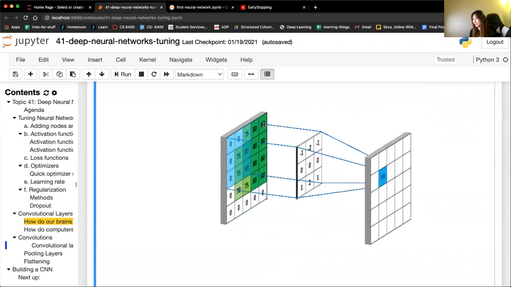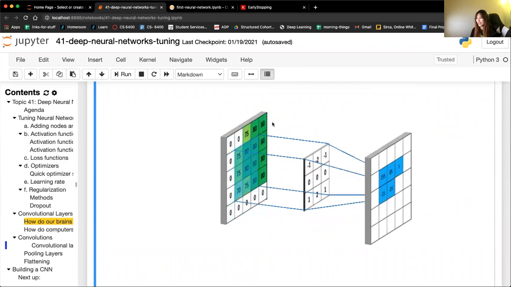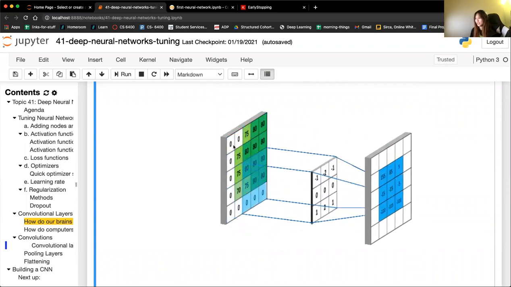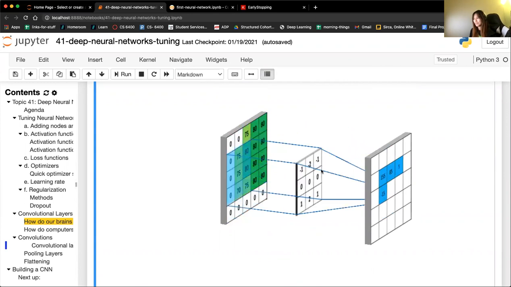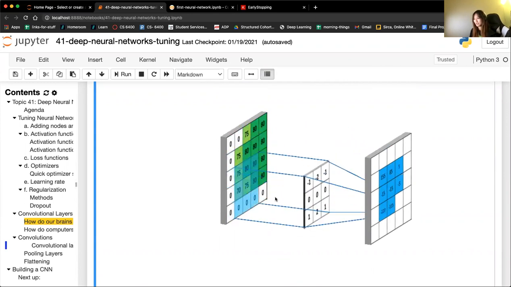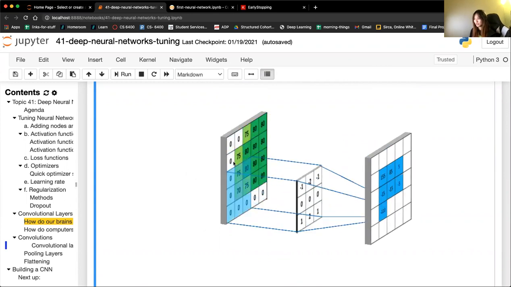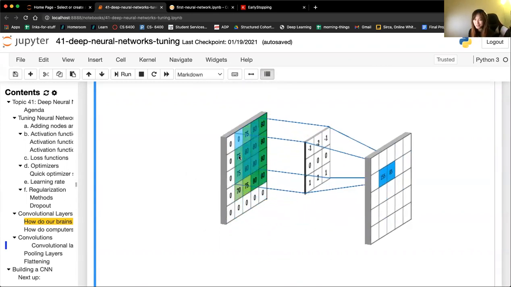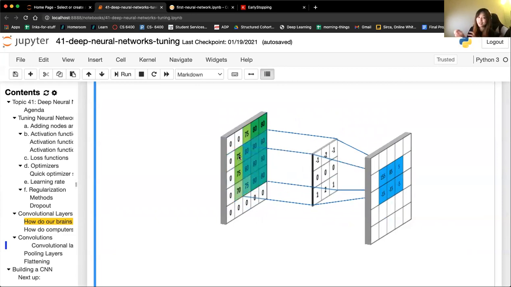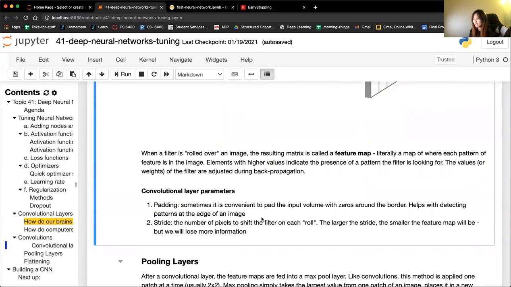Imagine I have this filter here; having a padding of zeros around the border will allow the middle of this filter to reach the edge of the image. So just make sure that you're not missing anything on the edge. You can add padding as a hyperparameter in your convolutional layer.